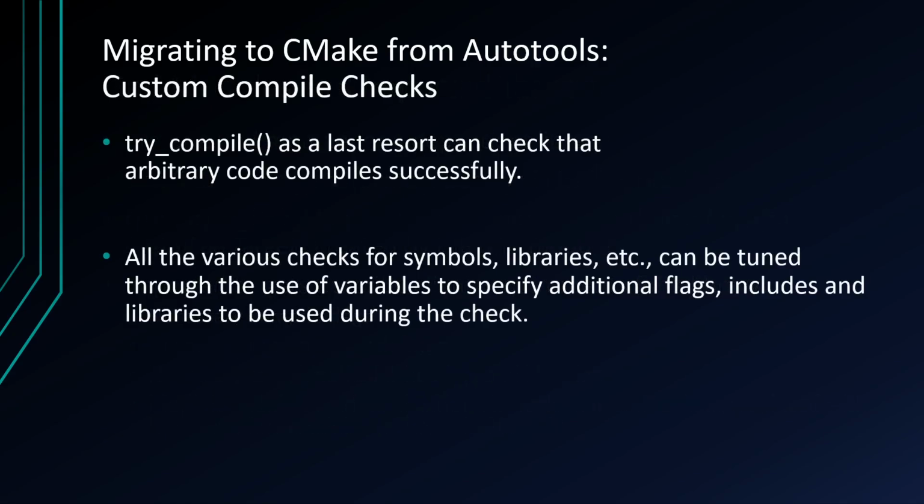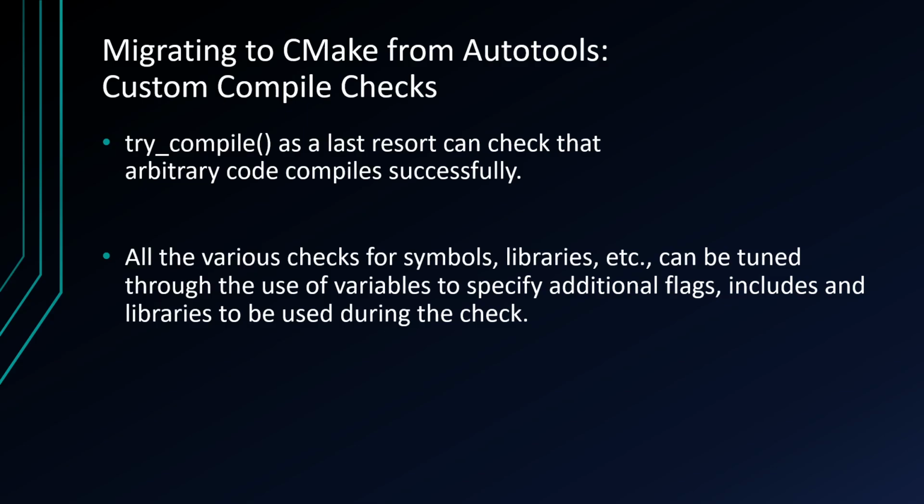You may need to do some kind of arbitrary check: just take this code and tell me if it builds. There is a function called try_compile that you can use as a last resort to check that specific arbitrary code compiles successfully. Maybe you ran into a compiler bug with a specific range of versions of GCC, and you need to identify that situation.